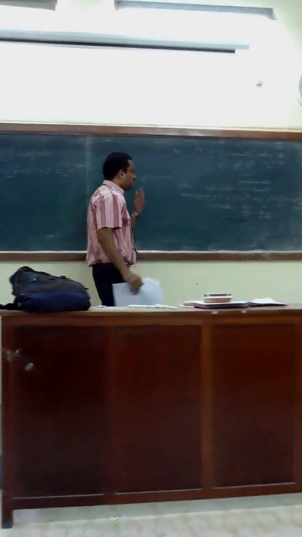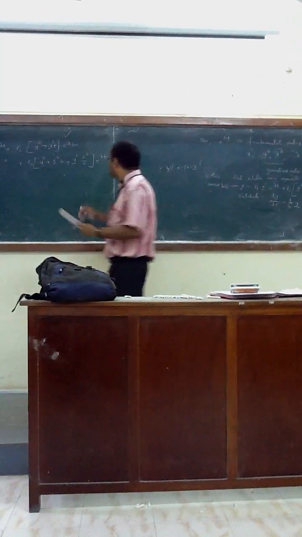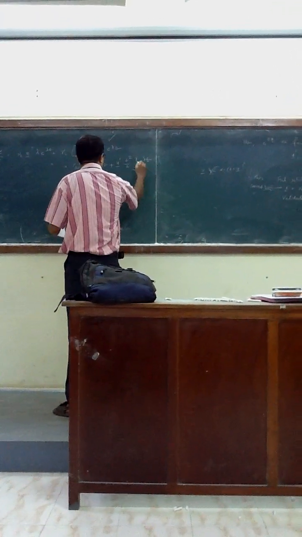For the next term of the derivative, the polynomial is taken as constant and the exponential is differentiated, so we have lambda here.